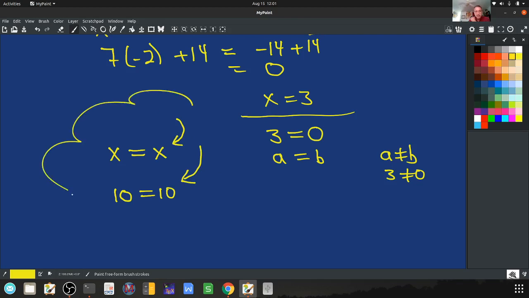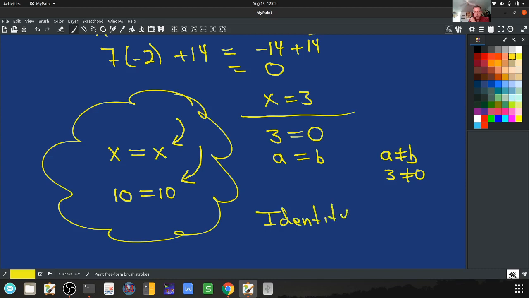If I reach either of these two endpoints, then the equation is an identity. So I'm going to give you the heads up right now. Most of the linear equations that we look at and examine will have exactly one solution.